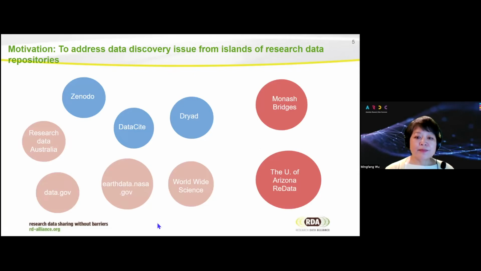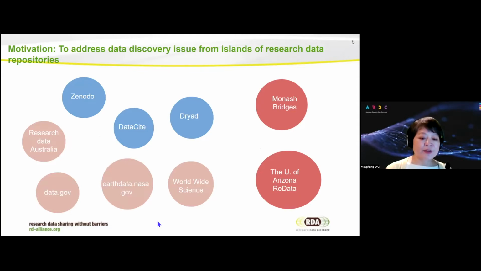The motivation for this working group is to address the data discovery issue. In the past 10 years or so, we have developed probably thousands of online data repositories and catalogs.